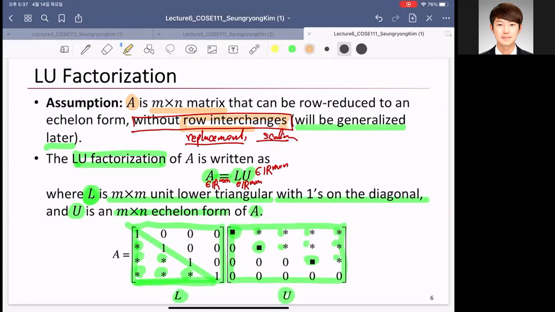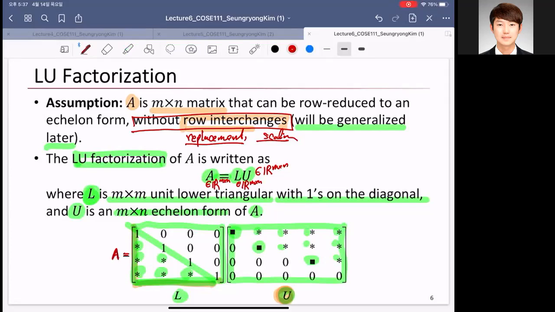You can easily understand LU factorization because this matrix shape looks like L, and this matrix is the echelon form. This is the definition of LU factorization.